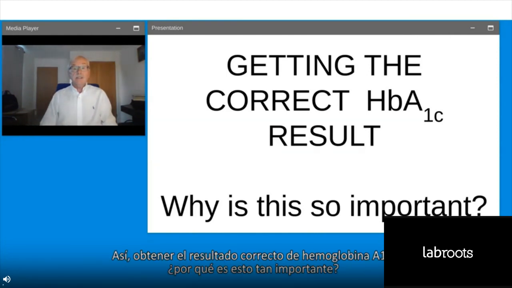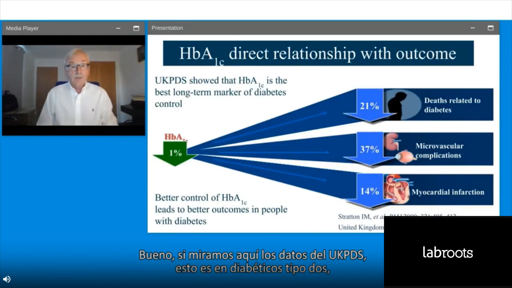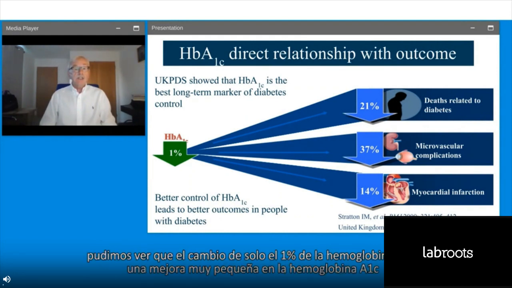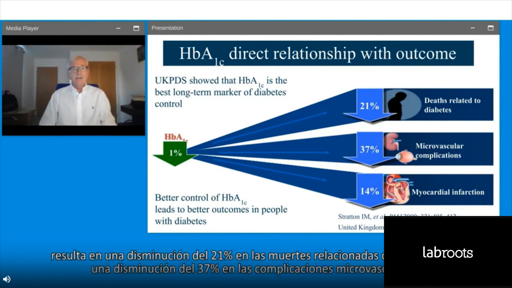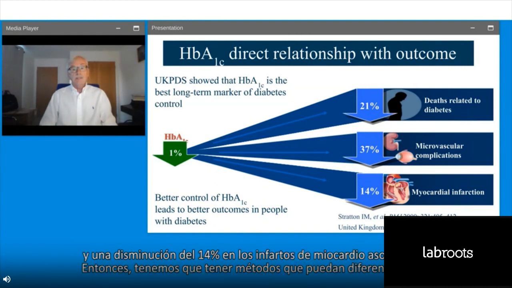So, getting the correct hemoglobin A1C result. Why is this so important? Well, if we look here at the data from the UK PDS, this is in type 2 diabetics, we could see that a change in only 1% hemoglobin A1C, a very small improvement, resulted in a 21% decrease in deaths related to diabetes, a 37% decrease in microvascular complications, and a 14% decrease in associated myocardial infarctions.